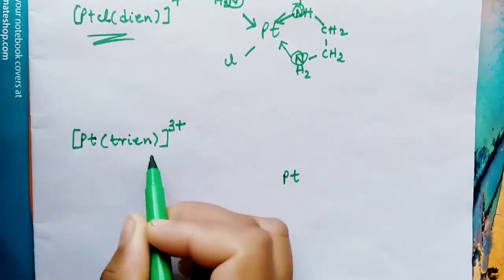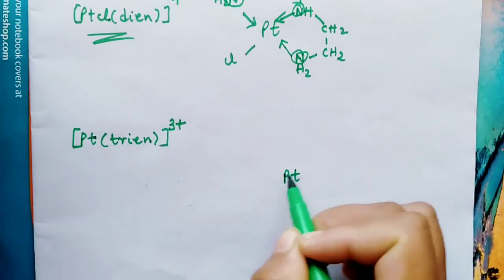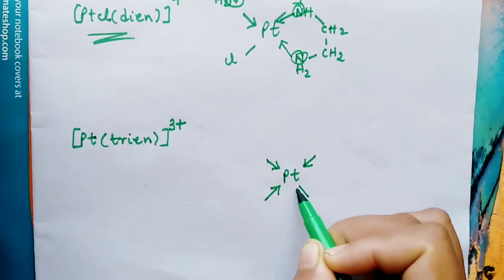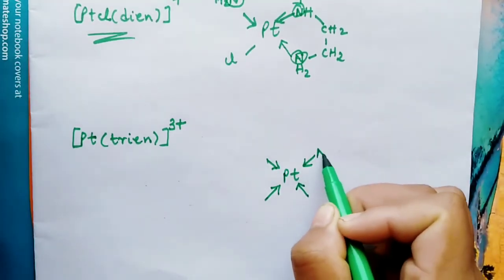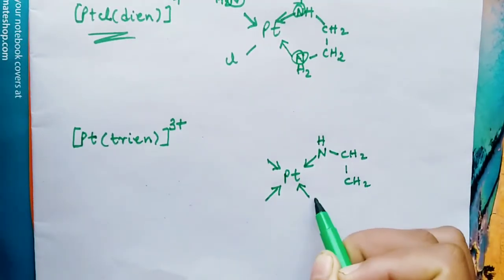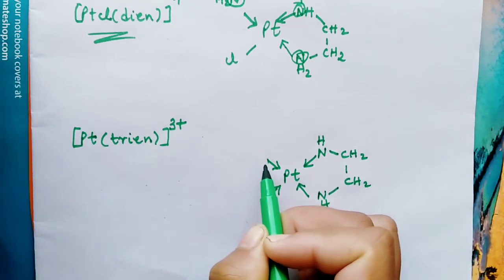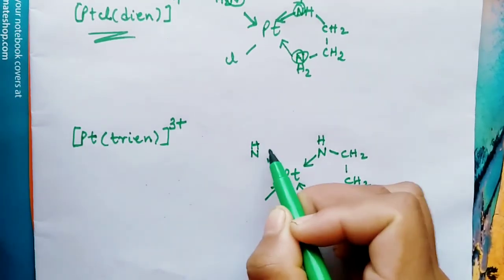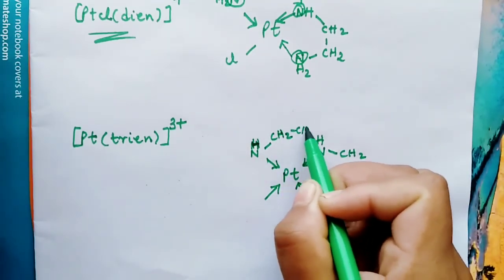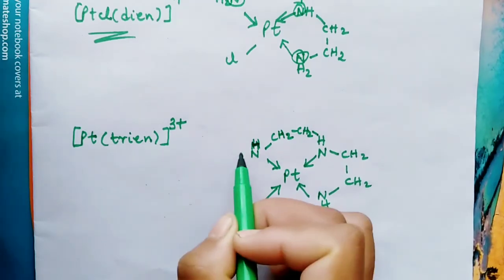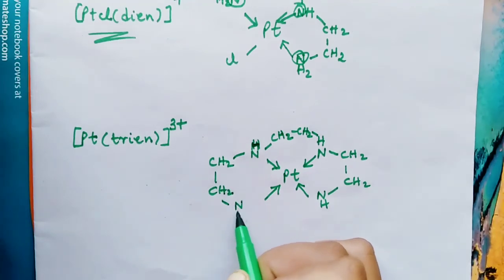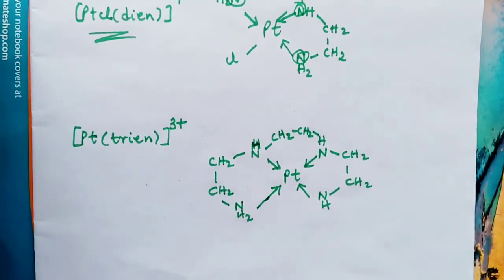We have platinum, and then we have a tetradentate ligand with four donor atoms: NH, CH2, CH2, NH, then NH, CH2, CH2, and then CH2, CH2, NH2, like this.